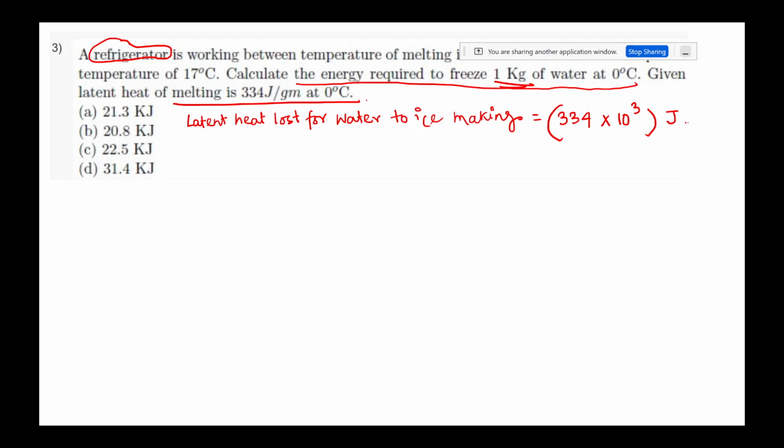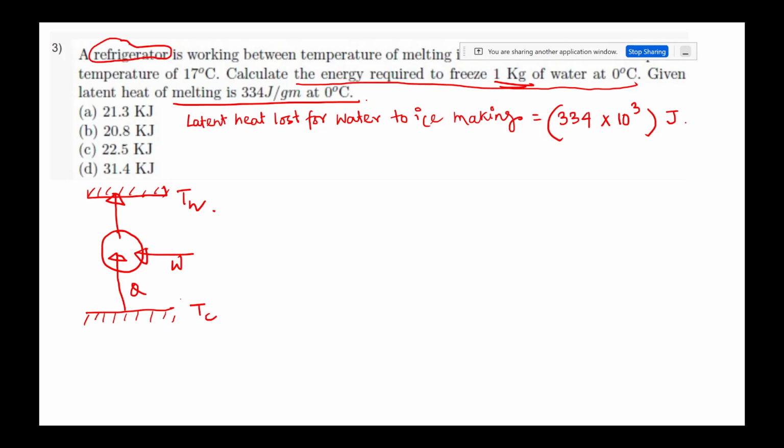Now for a refrigerator, this is the amount of heat, this is the work done W, this is Q, this is Tc, Th.